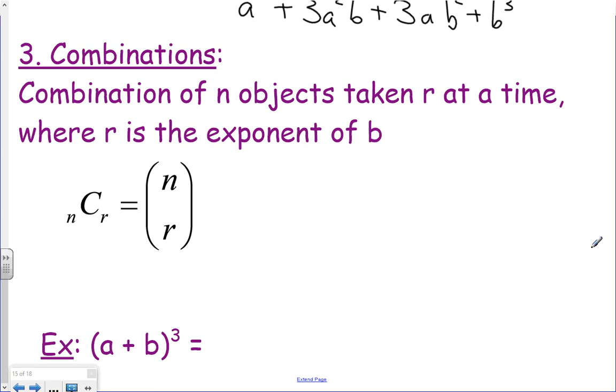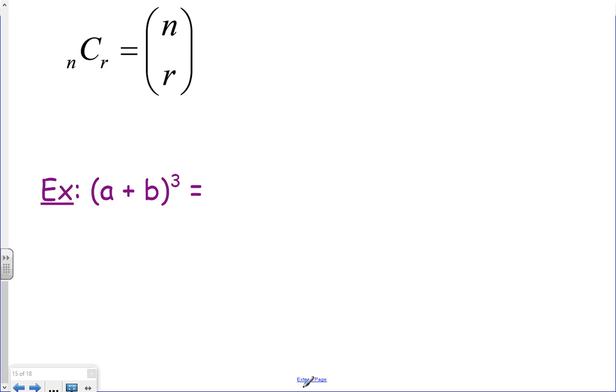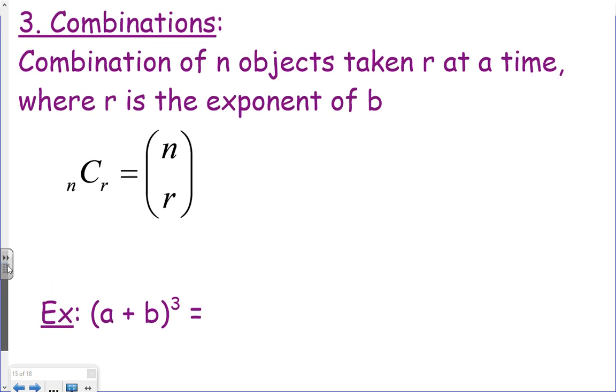The last method actually uses combinations. This is a technique that we've talked about in the last chapter. We're dealing with combinations when we're calculating probabilities or number of outcomes. But it turns out you can use combinations to come up with these coefficients. Combination of n objects taken r at a time, where r is the exponent of b.